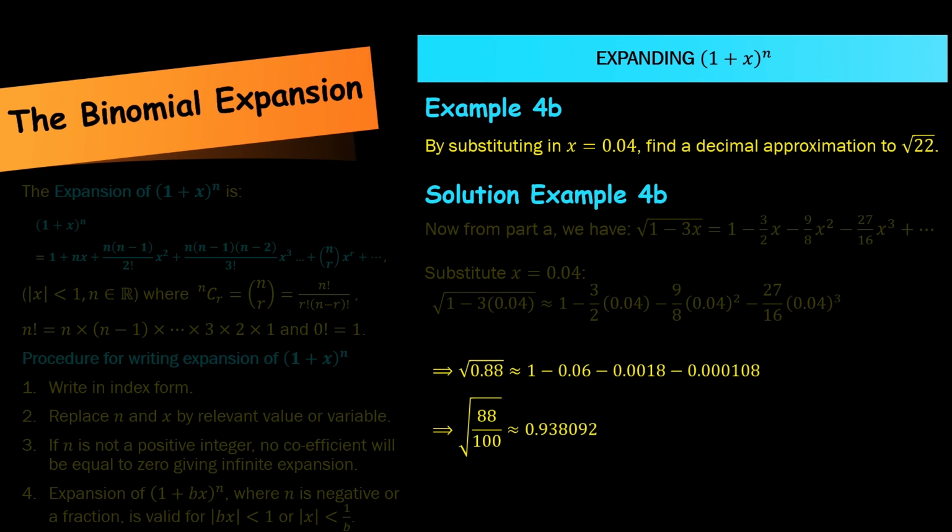Giving us that root 0.88, or 88 over 100, is approximately equal to 0.938092.